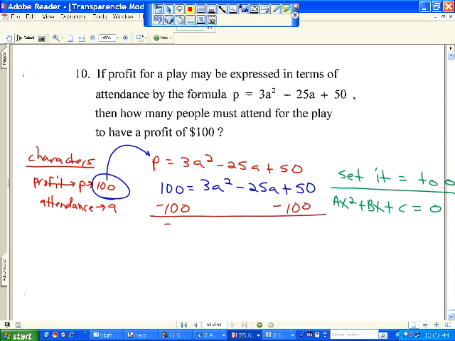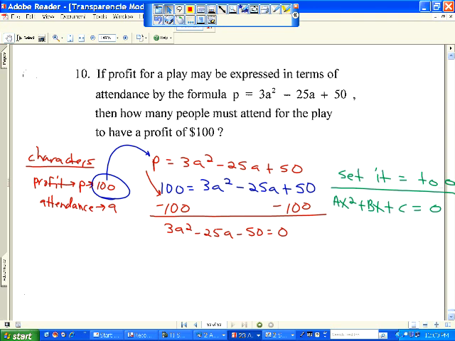And we're going to have 3a squared minus 25a plus 50 minus 100 is equal to 0. That came from this over here, right? There we go. 3a squared minus 25a minus 50 is equal to 0. Now we have a quadratic in standard form.